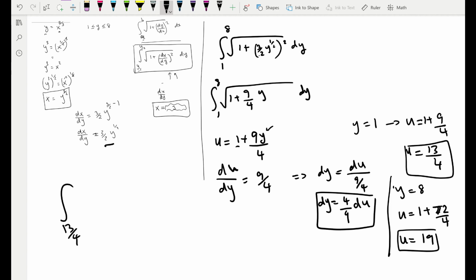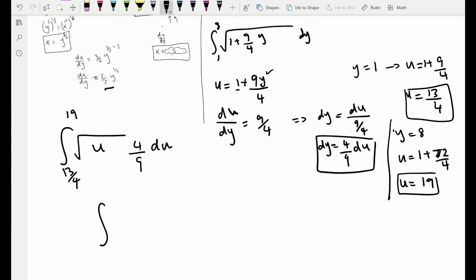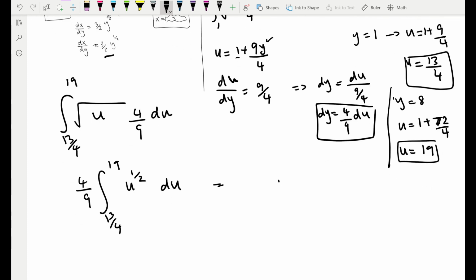Now we have a new integral going from 13 over 4 to 19, that's where the u values are going from. So square root of u, and dy is 4 over 9 du. We can take 4 over 9 out. Square root of u is u to the half. So you are integrating u to the half from 13 over 4 to 19. If you integrate u to the half, you get u to the half plus 1 divided by half plus 1, times 4 over 9.